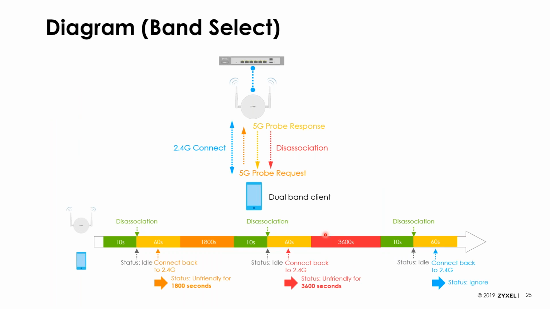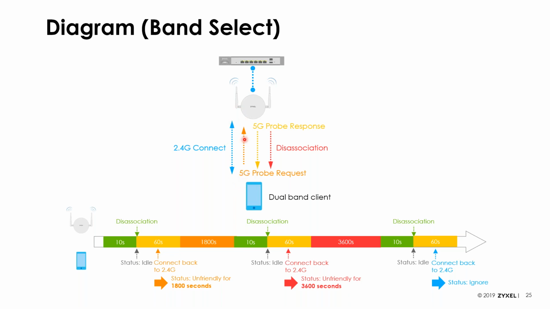Okay, so let's first discuss band select. Band select is not 11v. This is the standard way of doing the transition from 2.4 to 5 gigs. So if we start from the beginning, the client connects to an AP using the 2.4 gigahertz frequency.